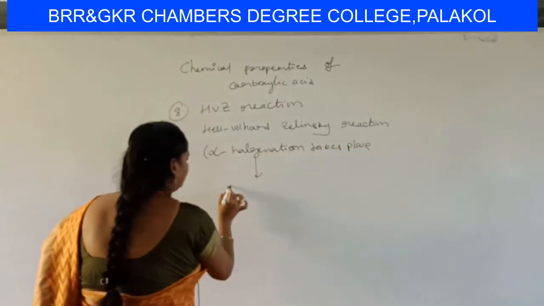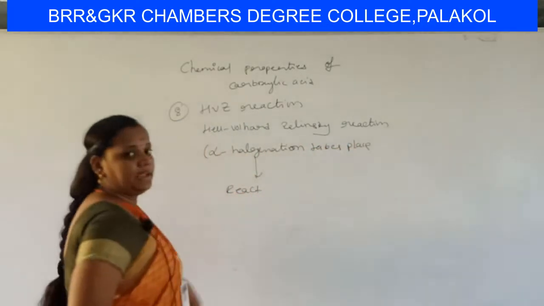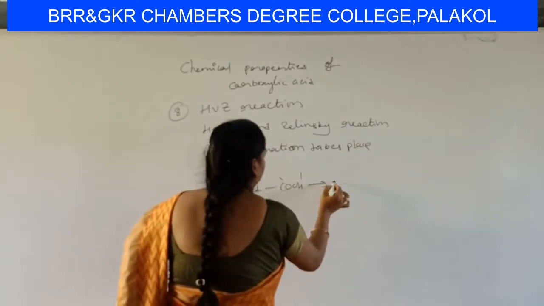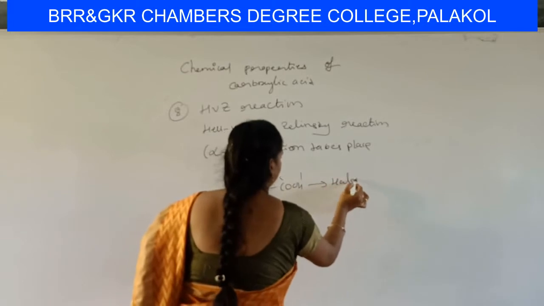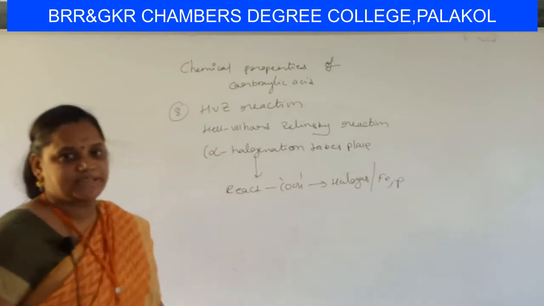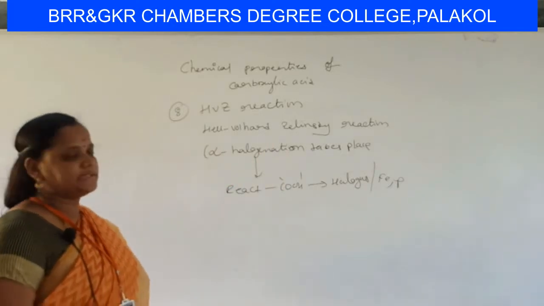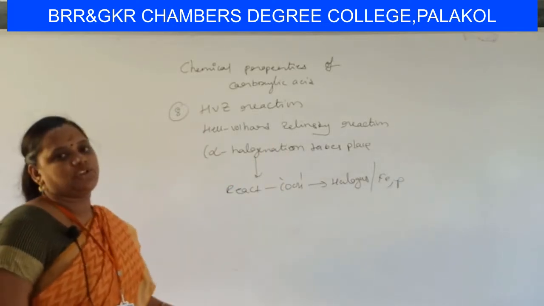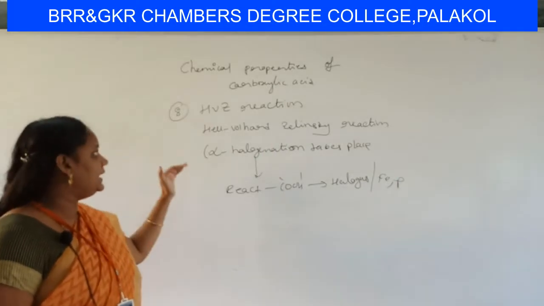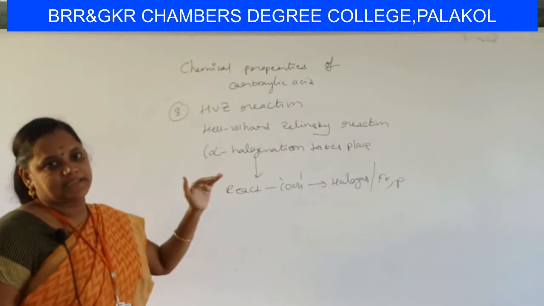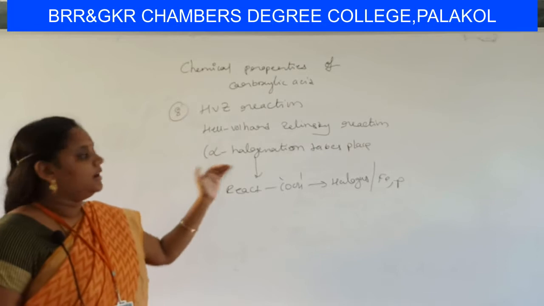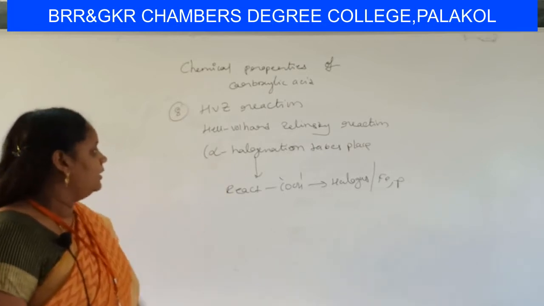Alpha halogenation takes place when we react carboxylic acids with halogens in the presence of iron or phosphorus as catalyst. This is your HVZ reaction. The complete name is Hell-Volhard-Zelinsky reaction.